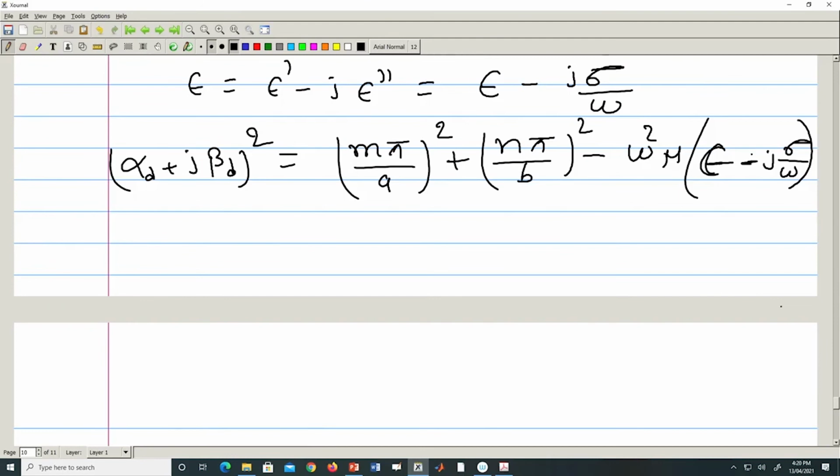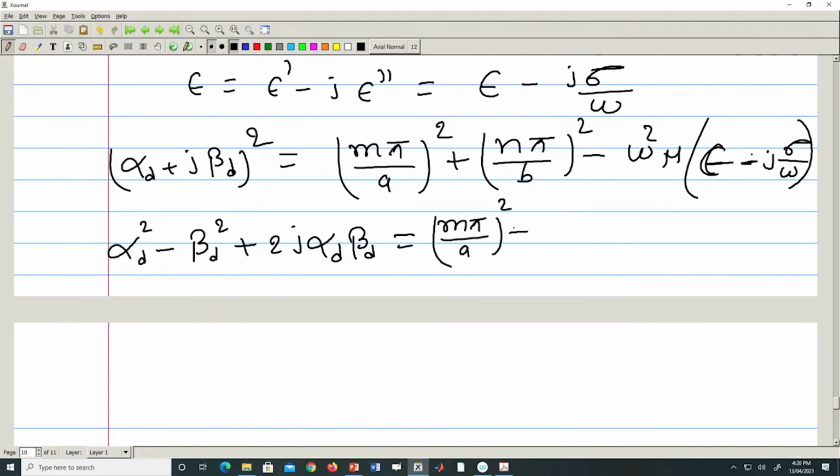This alpha d plus j beta d whole square we can write as alpha d whole square minus beta d whole square, because j square gives minus 1, plus 2j alpha d beta d, equal to (m pi by a) whole square plus (n pi by b) whole square minus omega square mu epsilon plus j omega mu sigma, where the omega cancels out.